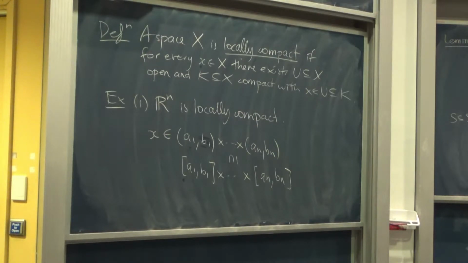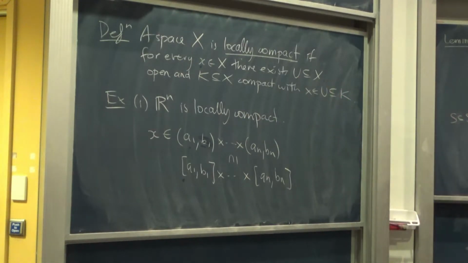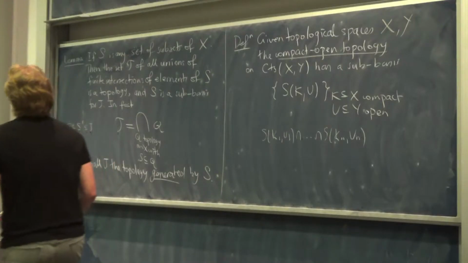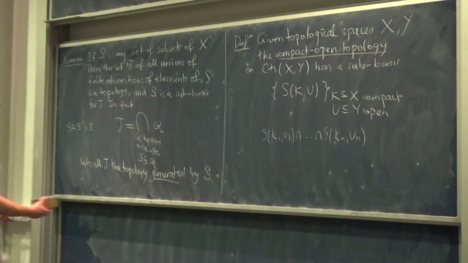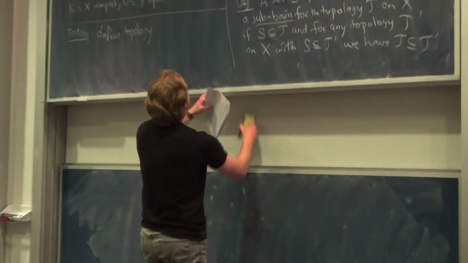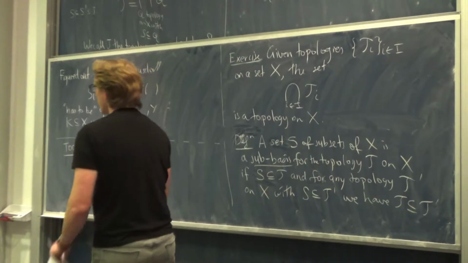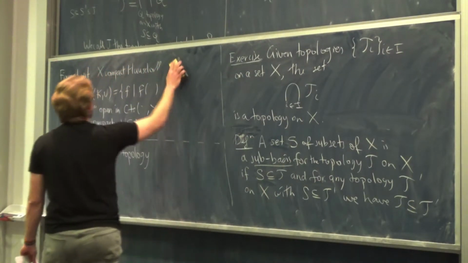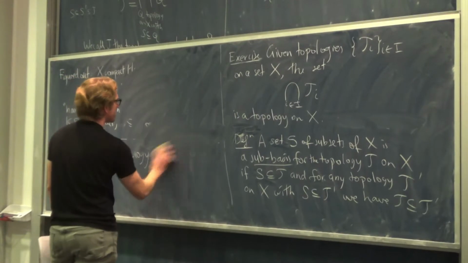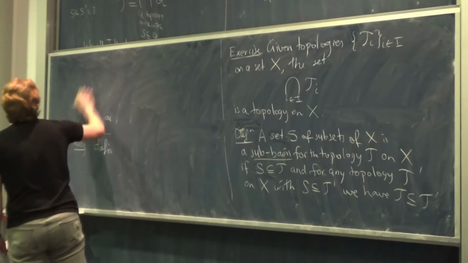Compact implies locally compact: just take U equals K equals X. Also, if you take a closed subspace of a locally compact space, I claim it's locally compact.